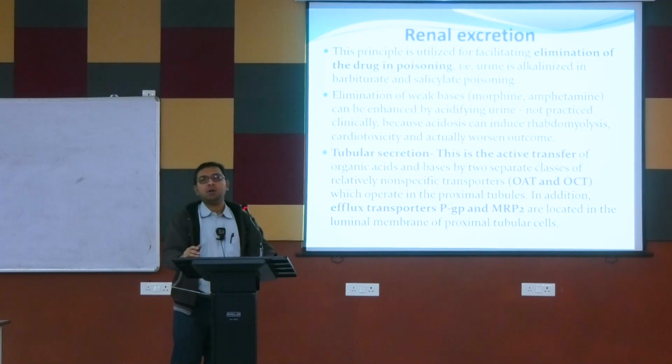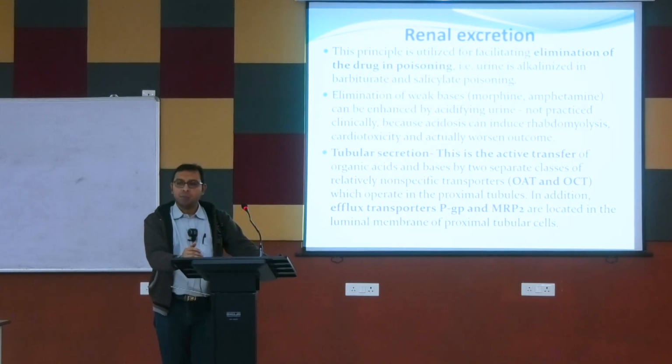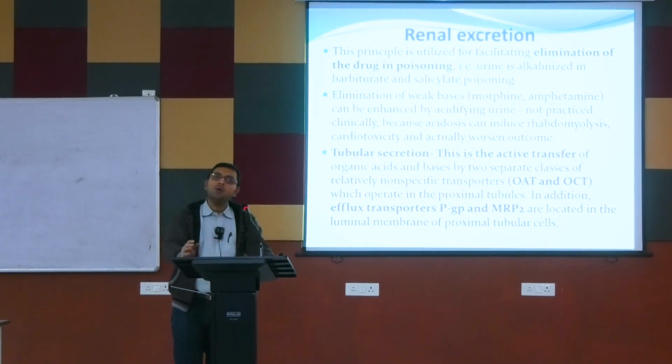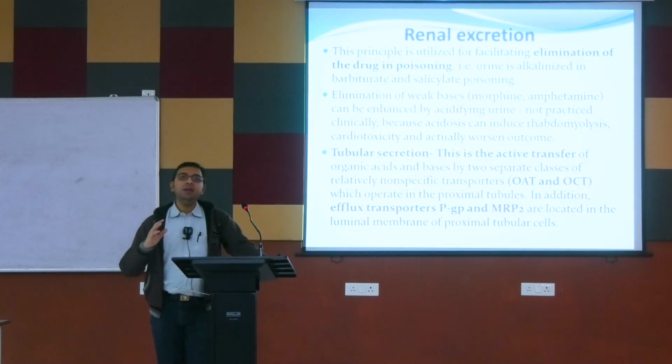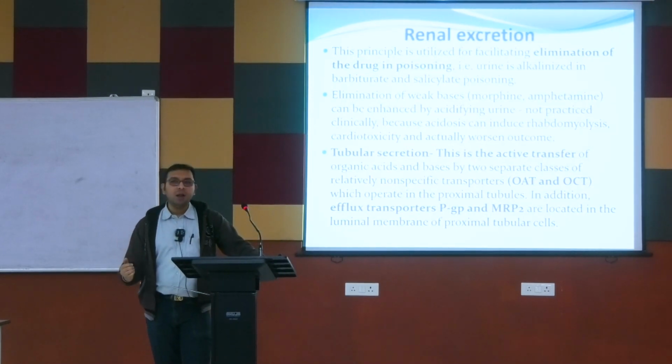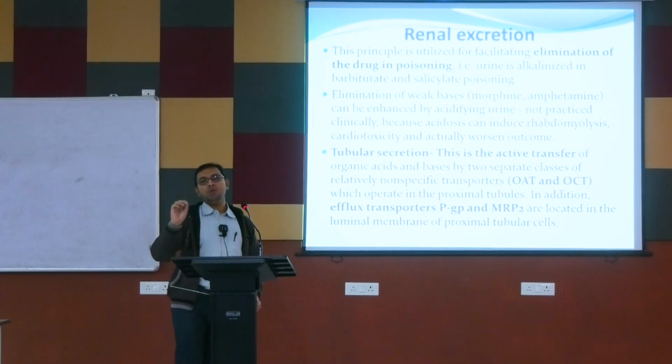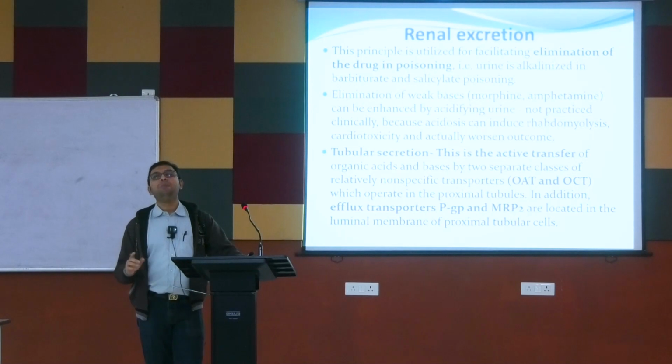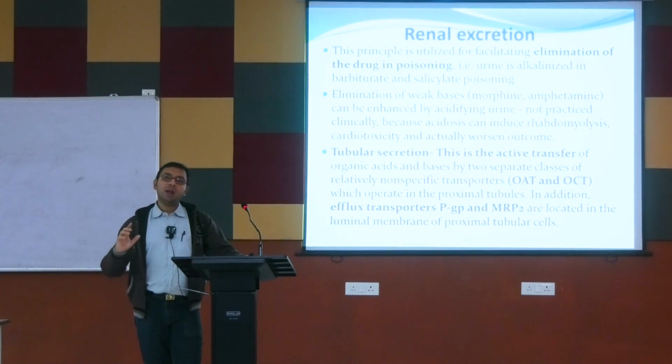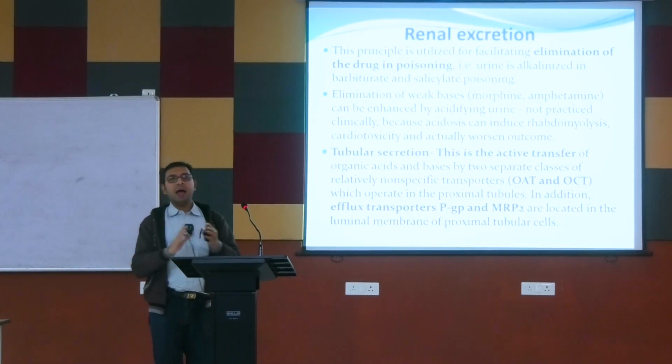Usually we commonly use the alkalinization of the urine. Acidification of the urine previously was indiscriminately used, but it is lesser used now, irrespective of the drugs whether they are alkaline or not, because when we are using some acidifying agent, that can lead to metabolic acidosis also if the dose is not controlled. So that is the adverse effect.